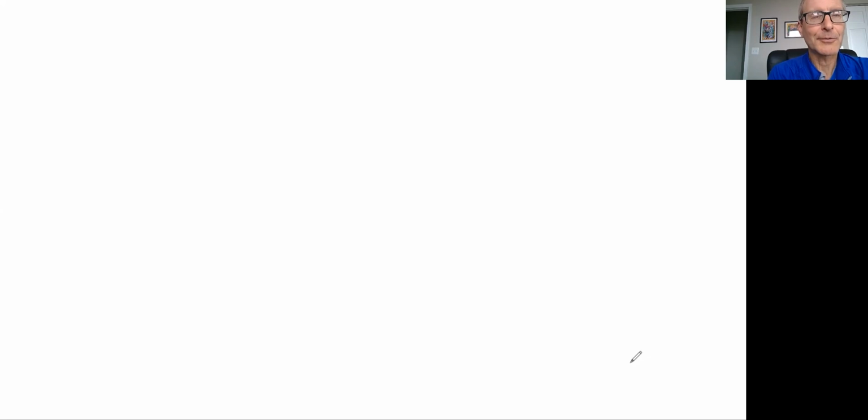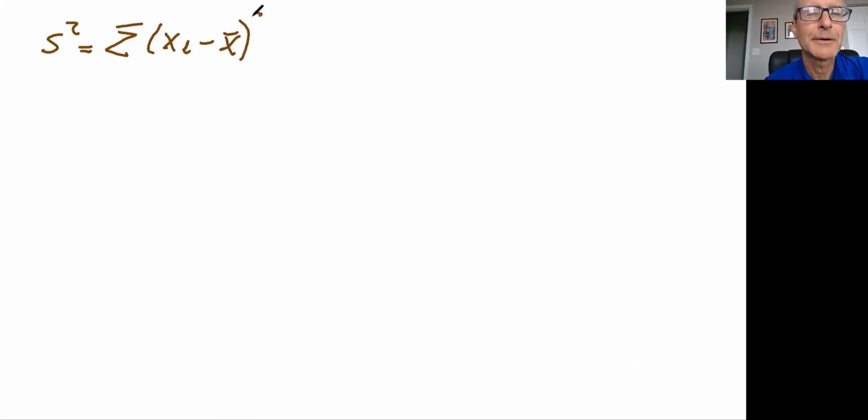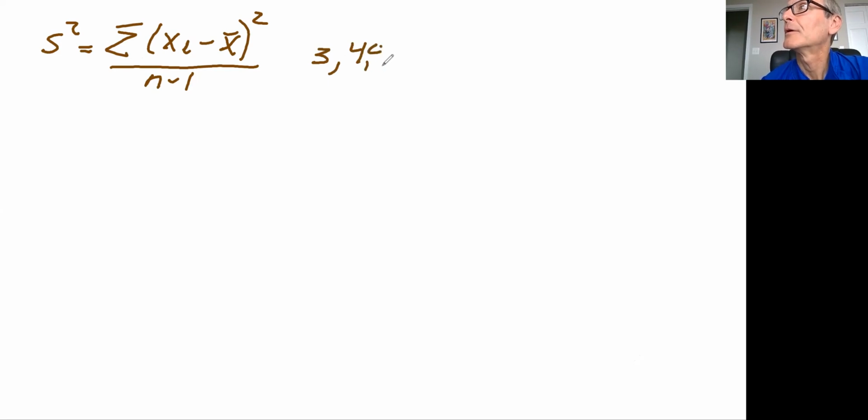The equation that we are dealing with here is the sample variance. That would be the summation of the data points minus the mean, squared, all divided by n minus 1. In this case, we have a few numbers. We have 3, 4, 4, 5, 6.